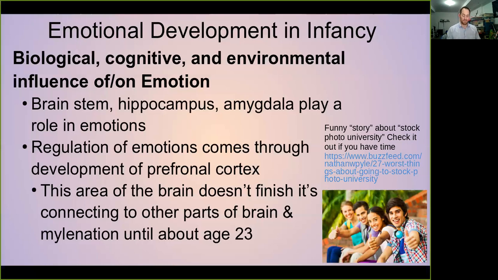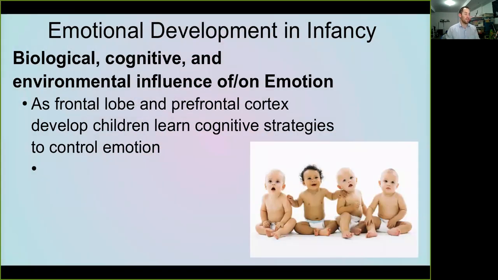this lecture. So with that, we do have a lot of biological, cognitive, and environmental influence on our emotions. So hormones are one of those biological features, also the neurons, the influence of the environment and what we feel is happening in the environment. So as the frontal lobe and prefrontal cortex develop, children can start to develop these cognitive strategies to regulate their emotions.